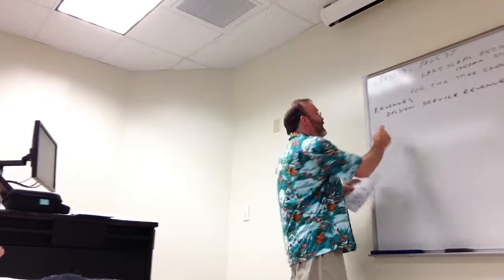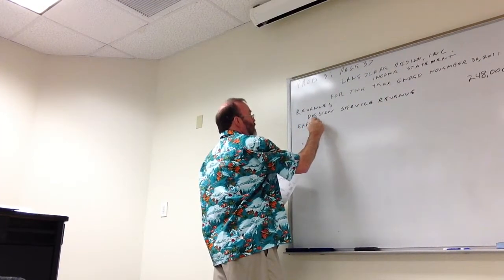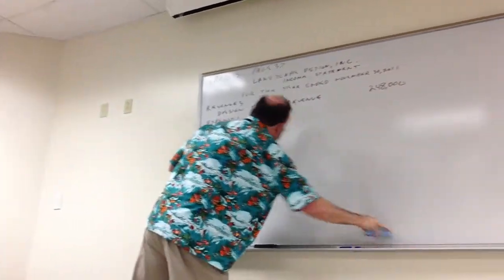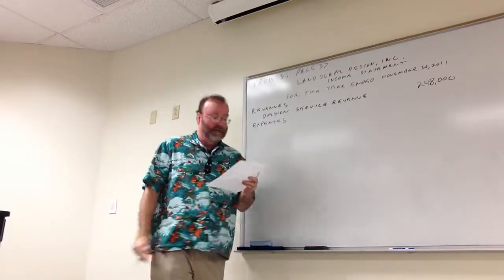At that point, we need to identify the expenses. So expenses are pretty easy to identify because in this list, they actually have the word expense after them. So if you go down through here, the first one that comes up is income tax expense.